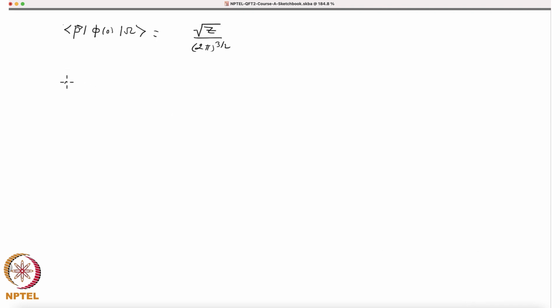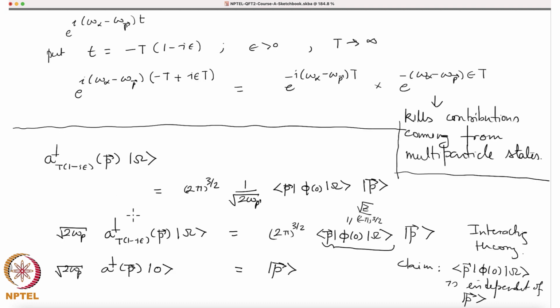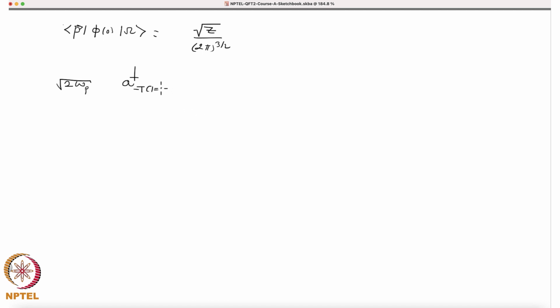So you'll get 2 omega p in square roots, A dagger of minus t1 minus i epsilon, p, and then over root z, where z is a constant.